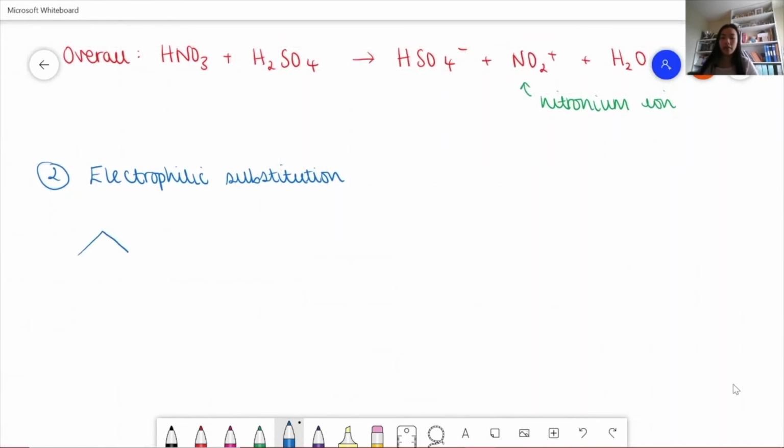And then we have the electrophile, which is the NO2 plus, so I'm going to draw a plus onto the nitrogen. If you remember, because we have these delocalized electrons in the benzene, this is an area of high electron density, and so it attracts the electrophile. And so delocalized electrons move towards this positive charge of the nitrogen on this nitronium ion.